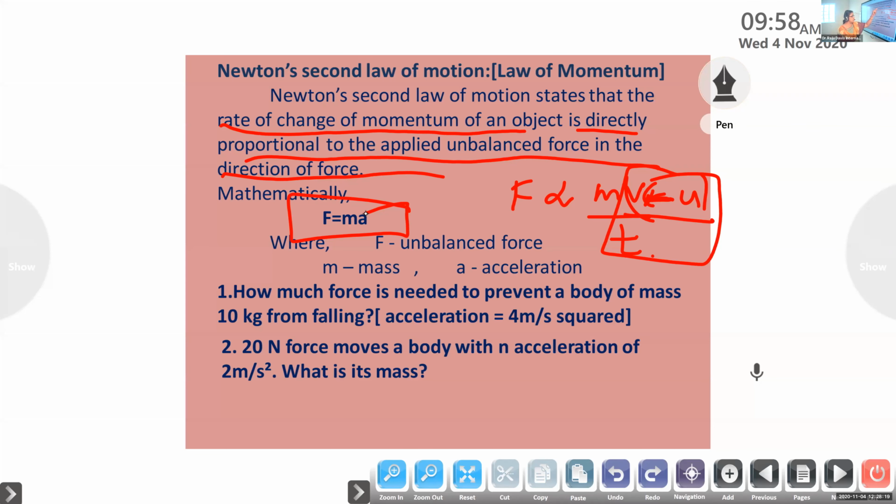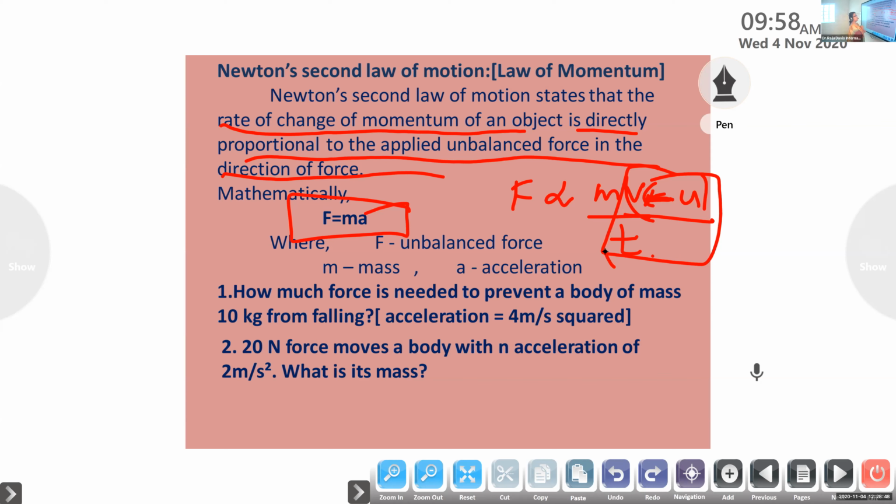So rate of change in momentum means change in momentum in a particular time or unit time. So F is directly proportional to m into (v minus u) by t, where v minus u by t is acceleration. That is F is equal to ma. So far we are discussing one-dimensional acceleration; it is going to be two-dimensional afterwards. Okay. So F is equal to ma.